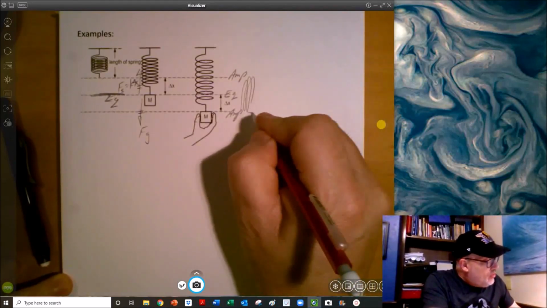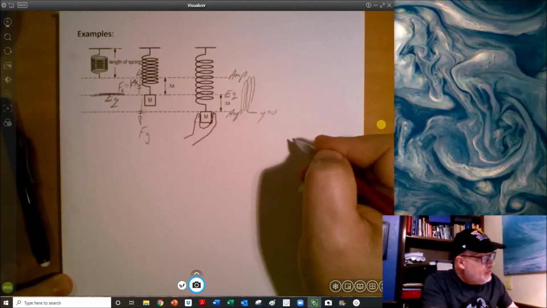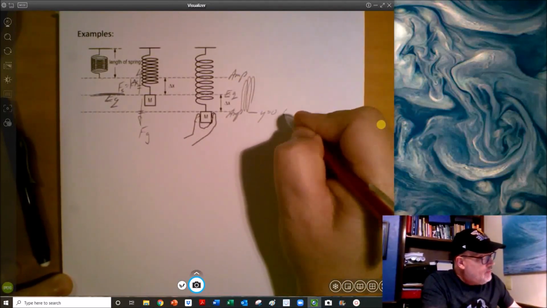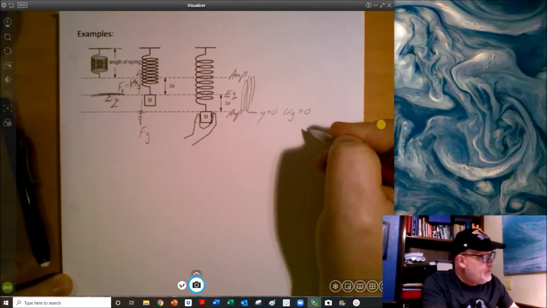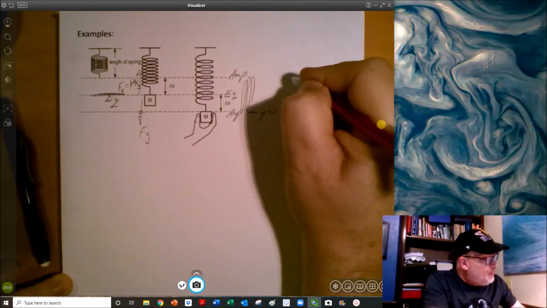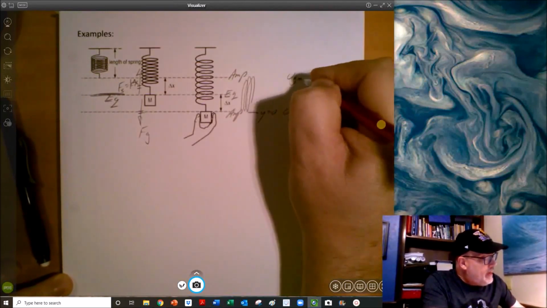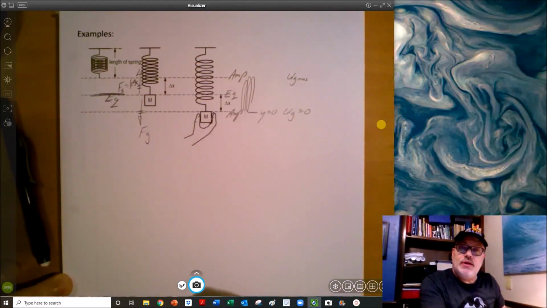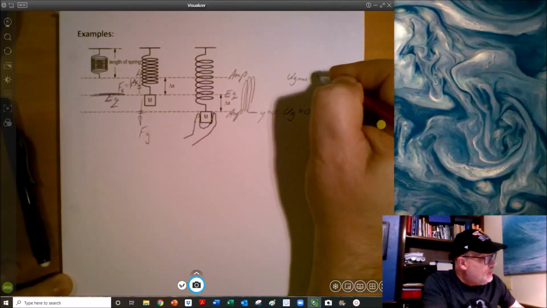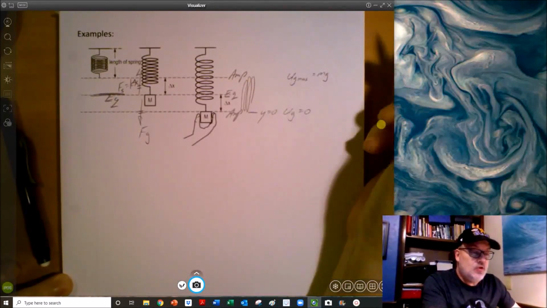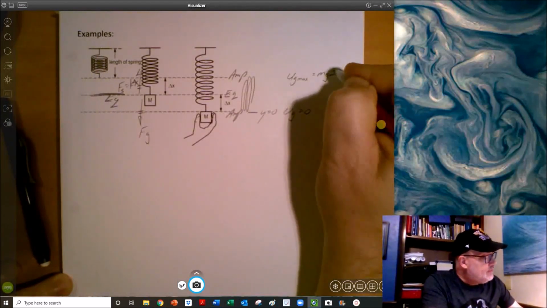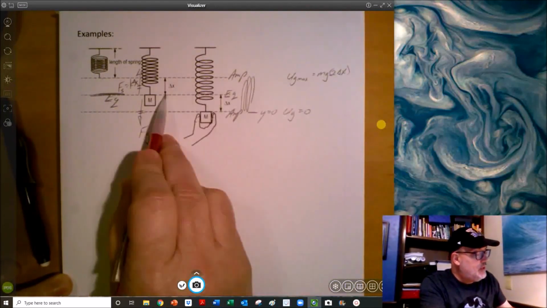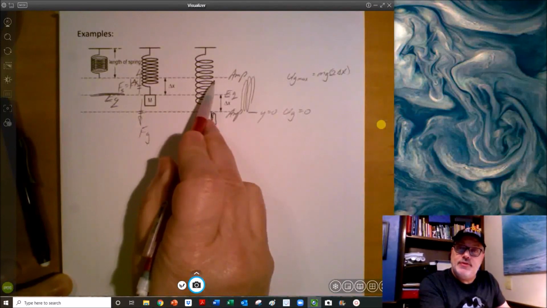If we call this y equals 0, then we will have 0 gravitational potential energy here at the bottom. At the top, we will have our maximum gravitational potential energy, which will equal mg delta y, but our delta y will be 2 delta x, because it'll move from here through delta x and delta x before it stops at the top.